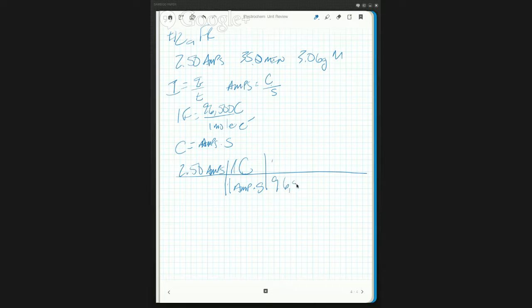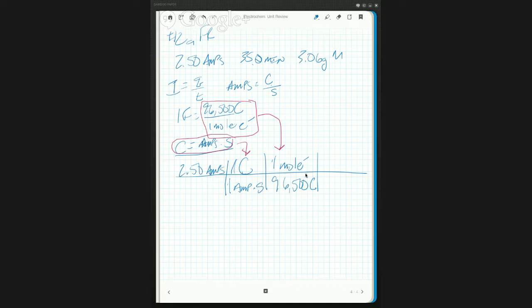And for every 96,500 coulombs, you get 1 mole of electrons. Can you see how that worked? So this is a conversion factor we just put in here. These are equal to each other, and they're already a conversion factor, and we just flipped it over and put it here.